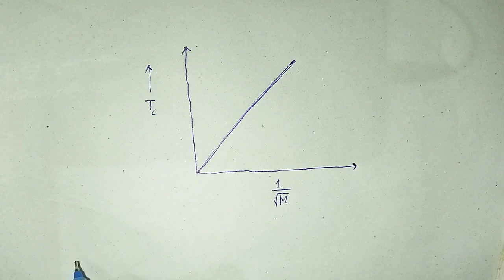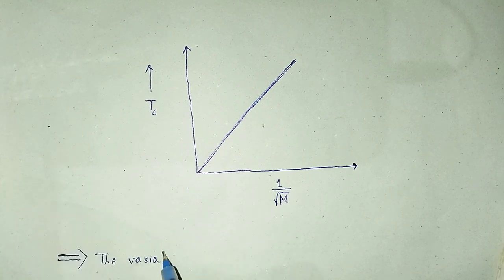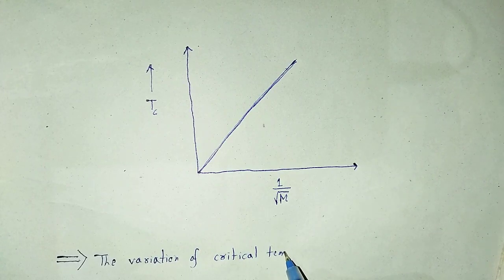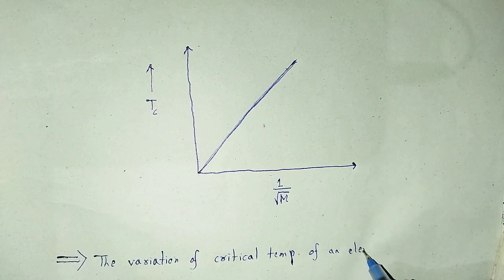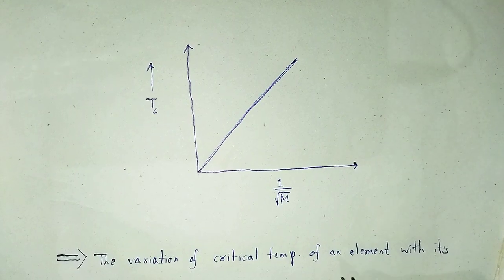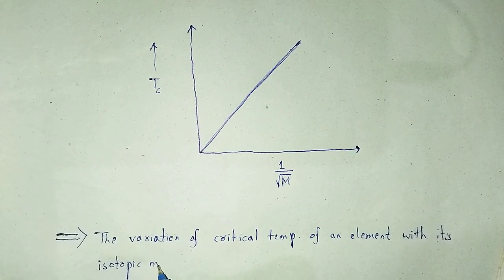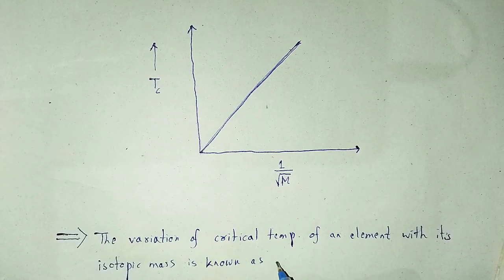Therefore, we conclude that the variation of critical temperature of an element with its isotopic mass is known as the isotopic effect.